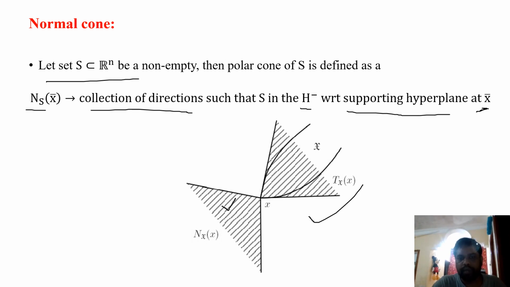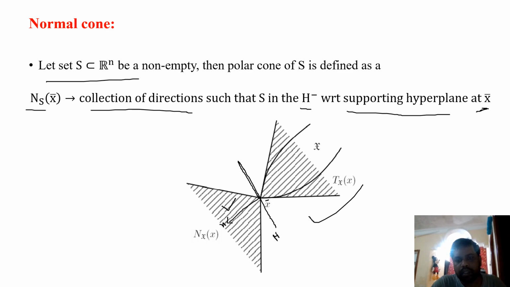You can observe that if you take any direction in this cone and define a supporting hyperplane that supports the set at the point x bar, then you can easily observe that with respect to this hyperplane, this direction is an element of the normal cone, so I am naming it n.